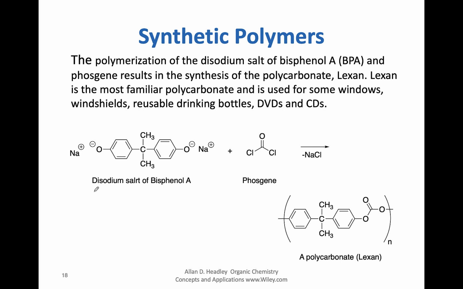And lastly, let's look at this one. Here's bisphenol A again. As you can see, these are very important compounds in industry. Now we have the basic salts. It's just a matter of adding this compound in a basic medium. So here we have a nucleophile. Let's look at this compound here, phosgene.